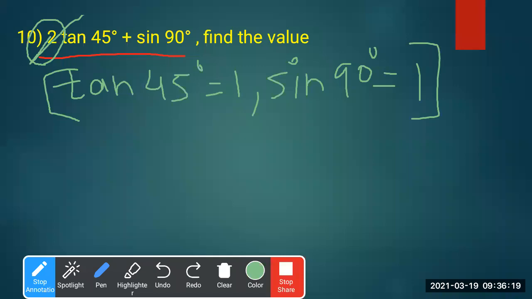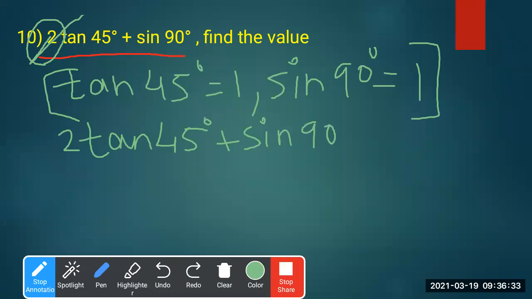Now what is the expression? That is 2 tan 45 plus sin 90. Okay, this is my expression and I want to find its value. Therefore, 2 multiplied by, here no operation means multiplication, the value of tan 45 is 1, plus sin 90 is also 1.